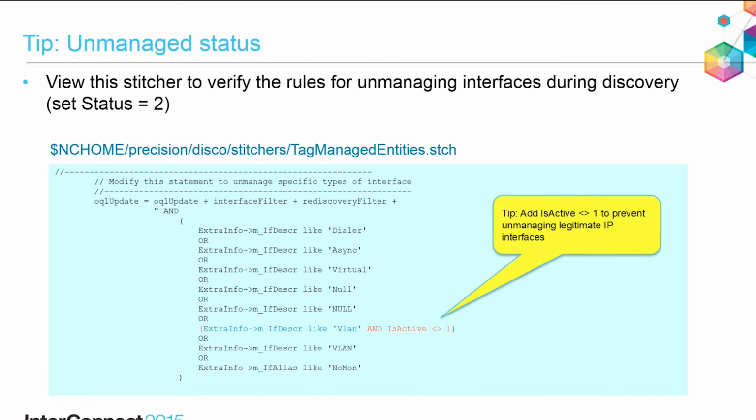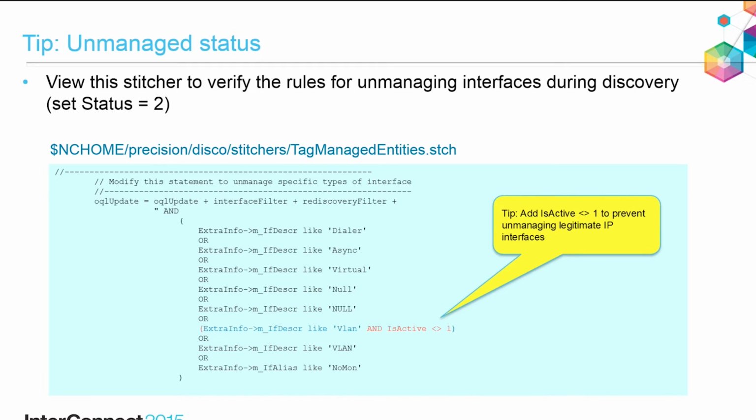So that tag managed entity stitcher that I mentioned, there's one entry here that frequently causes problems, and I want to point it out so that you're aware of it and can fix it. Often we're using a rule here based on the ifDescr, and the VLANs are often logical interfaces that you don't want to poll, but the lowercase one, the capital V lowercase LAN, often is active on IP interfaces that you do want to poll.